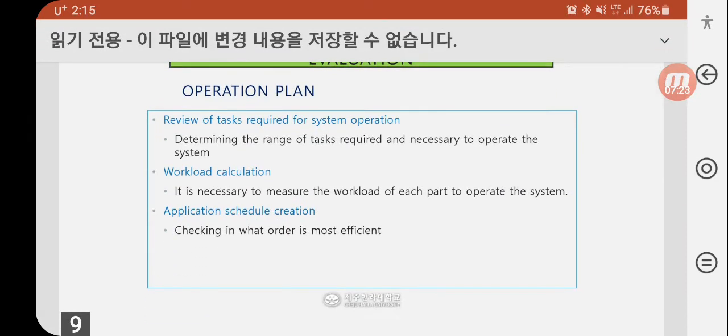Now, operation plan and review of tasks required for system operation. Determining the range of tasks required and necessary to operate the system. Workload calculation. It is necessary to measure the workload of each part of operating the system.